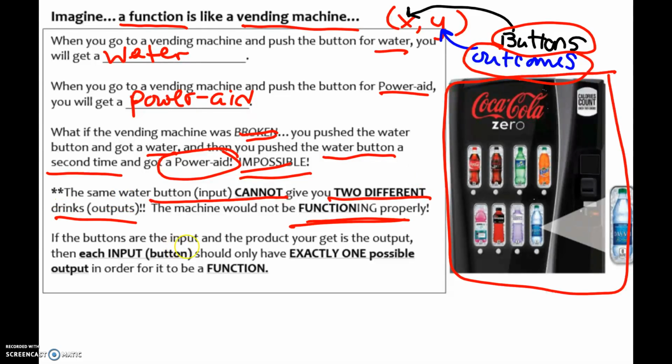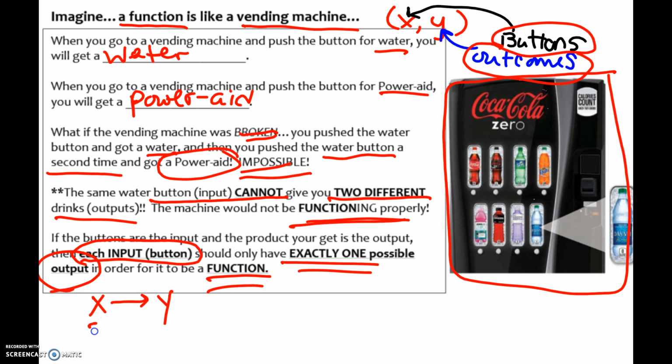So if the buttons are the inputs and the products you get are the outputs, then each input or each button should only have exactly one possible output in order for it to be a function. So the short way of thinking about this is if I have an X value that's being sent to a Y value, for example, I have the X value 3, and it's being sent to the Y value 5.